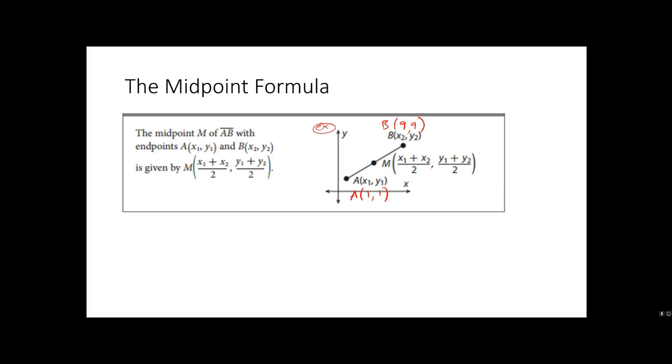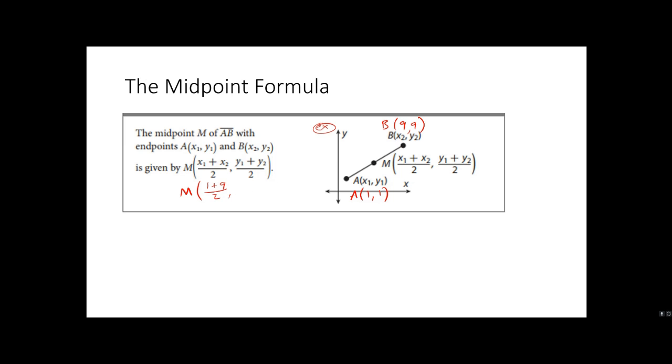If I was to apply the midpoint formula, I just add up the x values, divide by 2. And then for the y value for my ordered pair, just add up the two y values, divide by 2. So if we do that, let's check our x values. Our x value here was 1. Our x value over here was 9. So we have 1 plus 9, divide by 2.